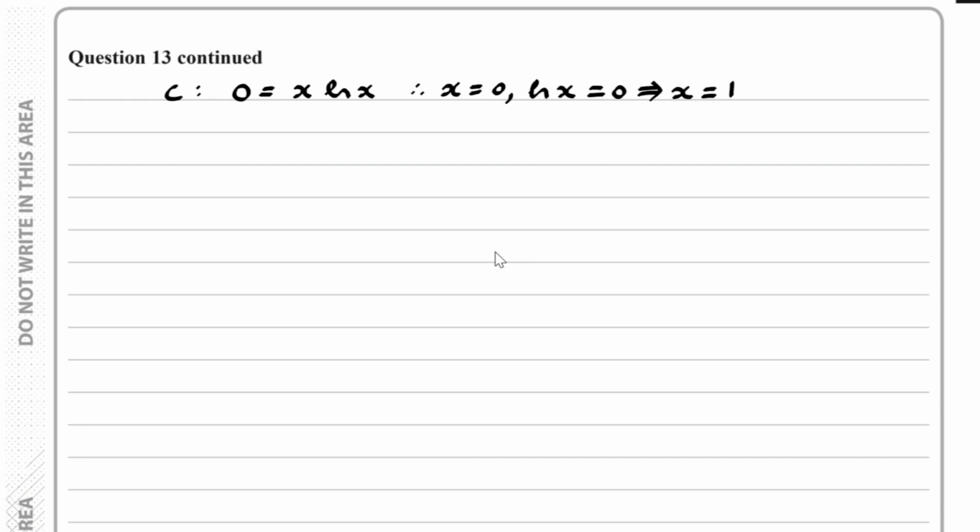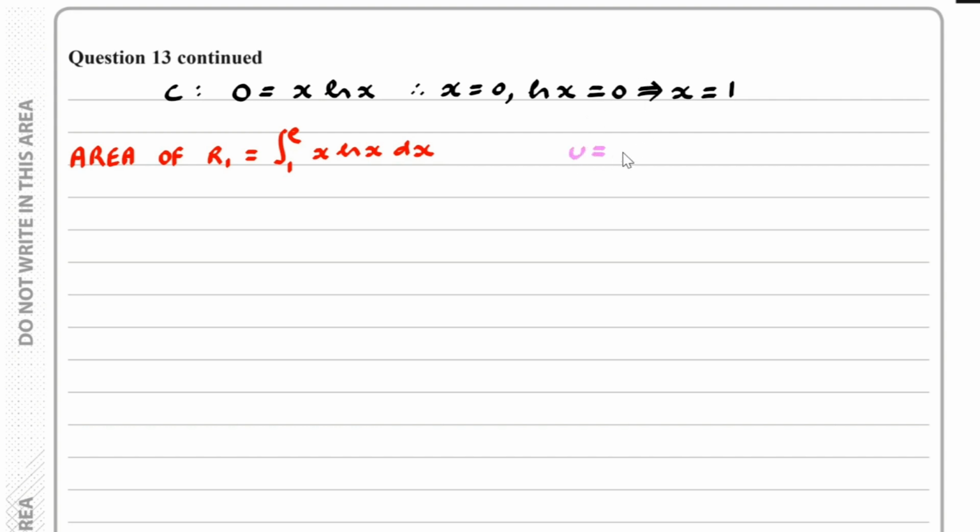So, to find out what the area of R1 is, the area of R1 is equal to the integral from 1 to e of x times the natural log of x dx. Now, to do this, I need to use integration by parts.